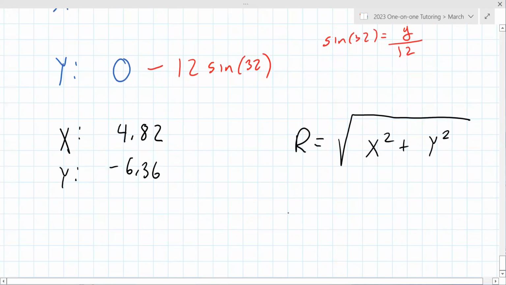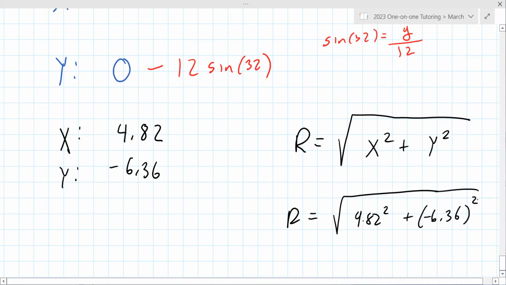Okay. So the resultant is you take each of those and square them. Make sure you put that negative in parentheses. Go ahead and give me that value. 11.7 basically.